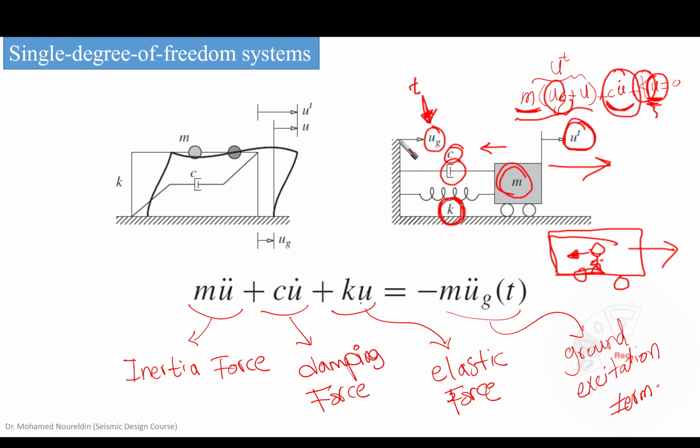And this UG plus the relative movement, which is U, so we can put it here that U total equals UG, which is due to the movement of the ground, plus U, the relative displacement of the mass with regard to this wall. This is why we put UG plus U.